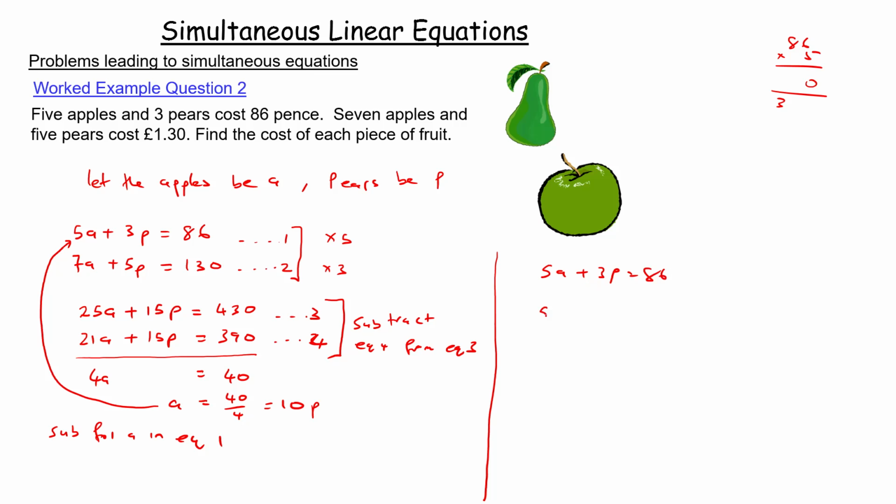A is equal to 10, so 5 times 10 plus 3p equals 86. 50 plus 3p equals 86. So 3p is equal to, we float this over and it pings to a minus, 86 minus 50, which is equal to 36. So 3p equals 36, so p is going to be equal to 36 divided by 3, which is 12.